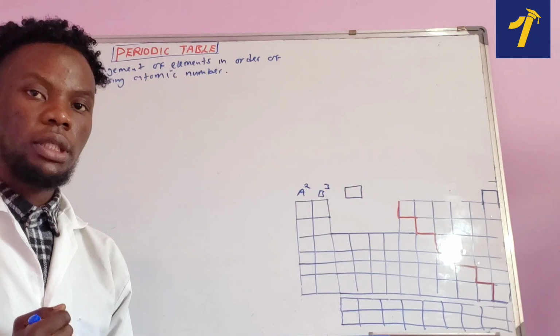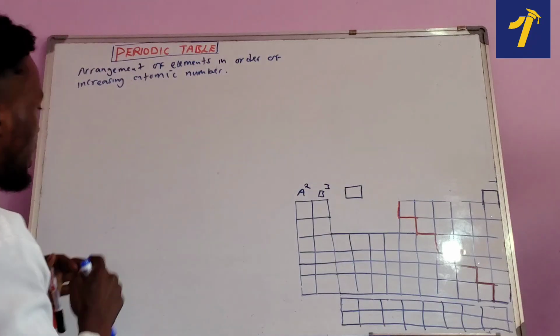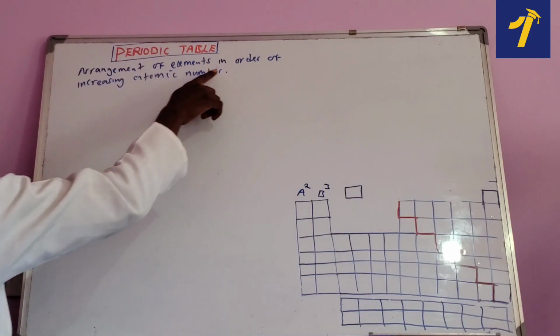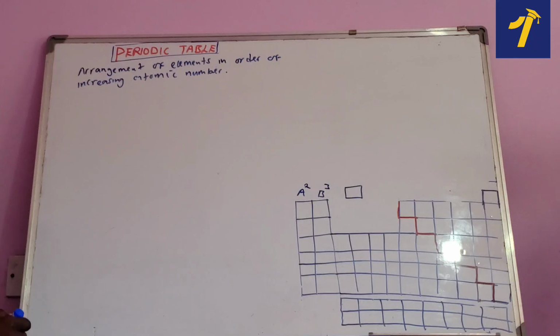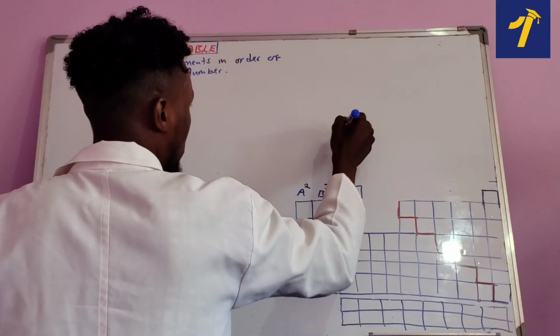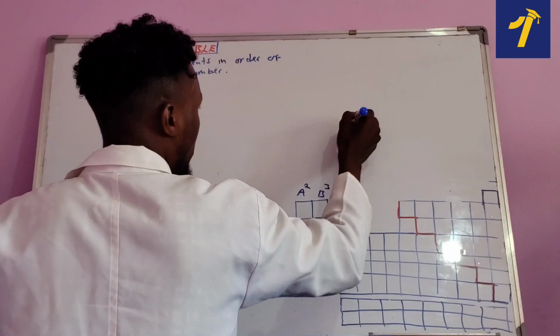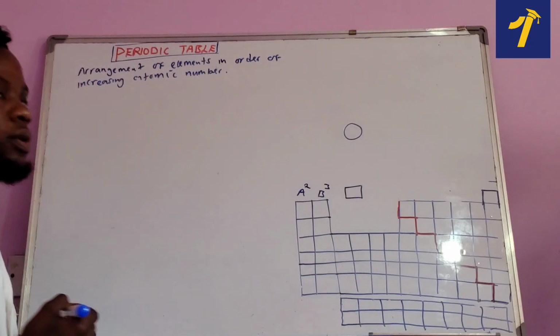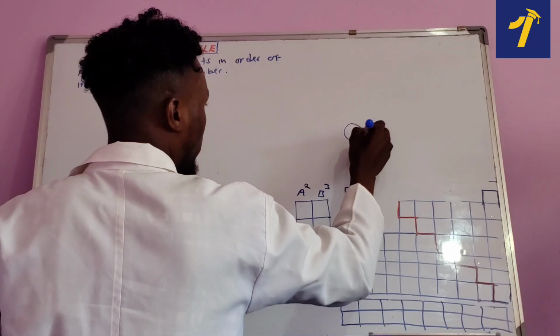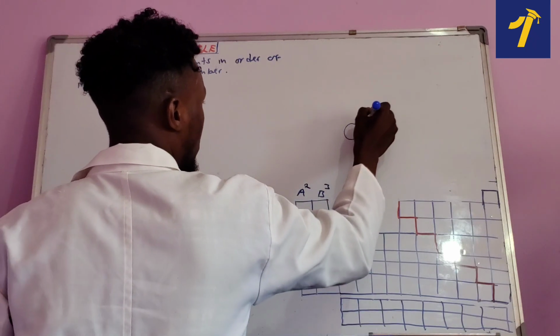Again, what is a periodic table? A periodic table, basically, is a chart that shows arrangement of elements in order of increasing atomic numbers. Now, if I pick an element, let's say oxygen on the periodic table, remember that oxygen is going to have 8 and 16.